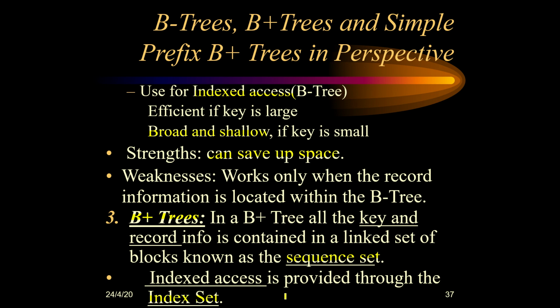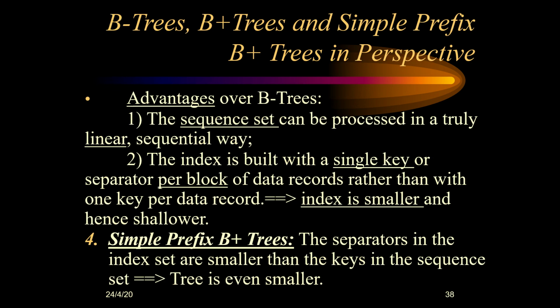So indexes are accessed from the index set, and the records or the keys are accessed from our sequence set. The main advantage of our B plus tree is that we process every record or key linearly, so it is sequentially processed, and only one key is used for accessing a block.